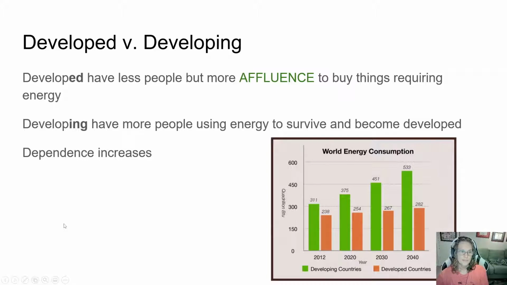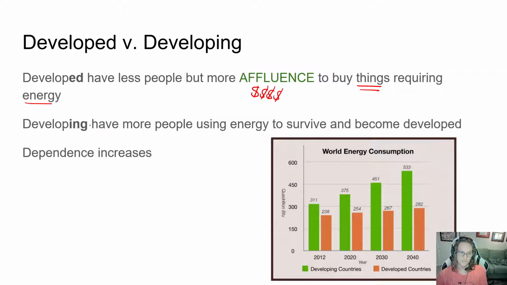All right, developed people have less, there's not as many people in the country, but they have more affluence. They're richer and they can buy stuff that requires energy to be plugged in. So there's a problem because the developed countries have the money to buy stuff.